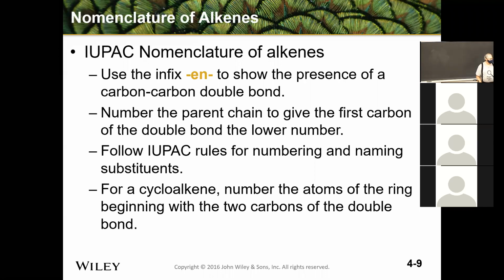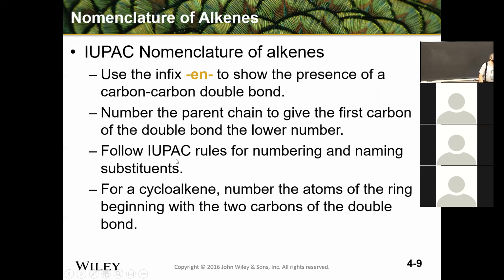Okay, next we'll look at IUPAC nomenclature. The suffix is ene. If we have some other suffix, in other words, another functional group in addition to an alkene or alkyne, we'll use this infix, ene, and we'll come to examples of that.